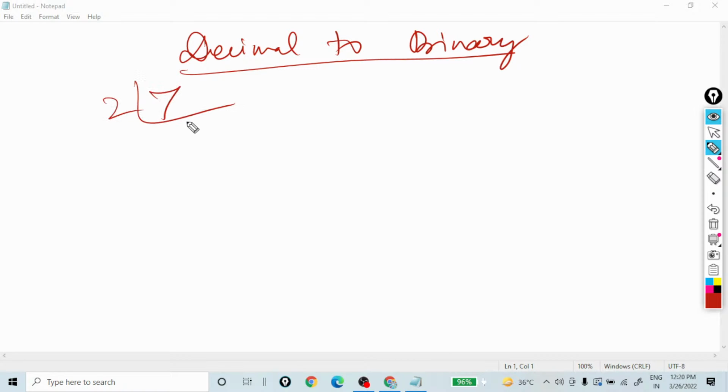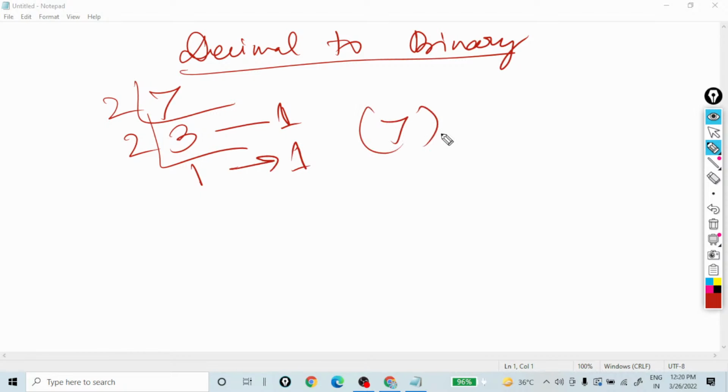What will be 7? 7 divided by 2 is 3 with remainder 1, then 3 divided by 2 is 1 with remainder 1. So 7 decimal is equal to 111 binary.